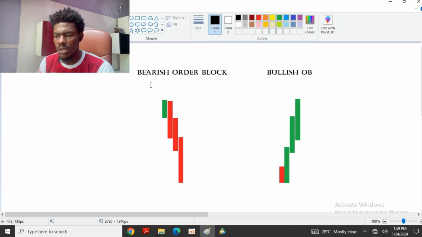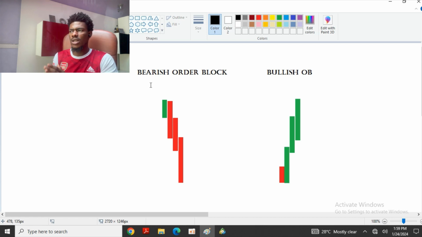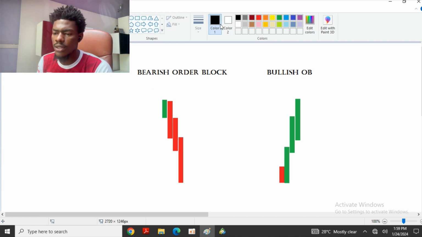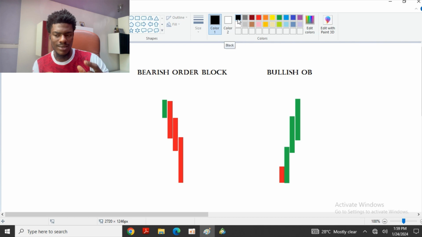So how do you identify an order block? Take a bearish trend, for instance. In a bearish trend, there are a lot more red candles than green candles. The bullish candles are the green candles or blue, it depends on what color your chart is, and the bearish candles are the red candles.